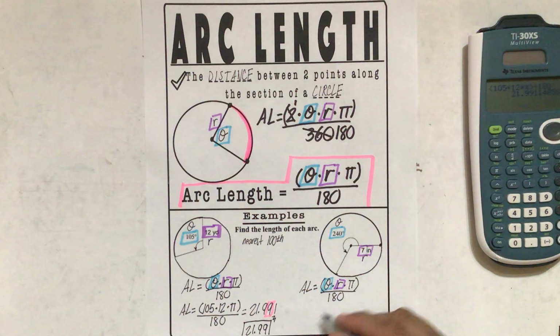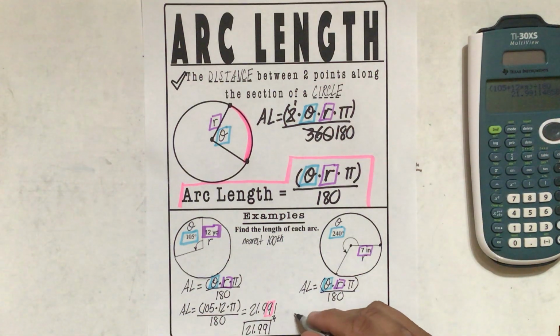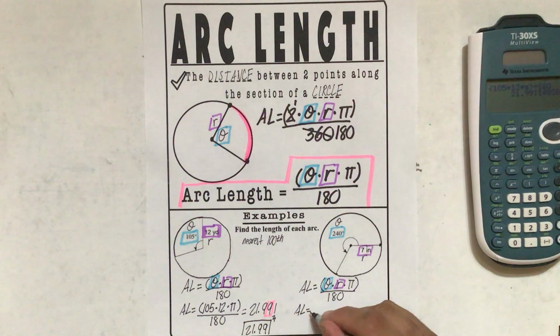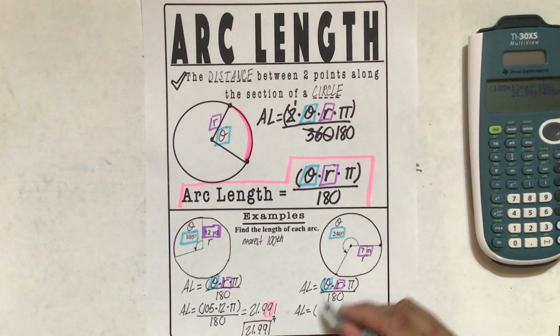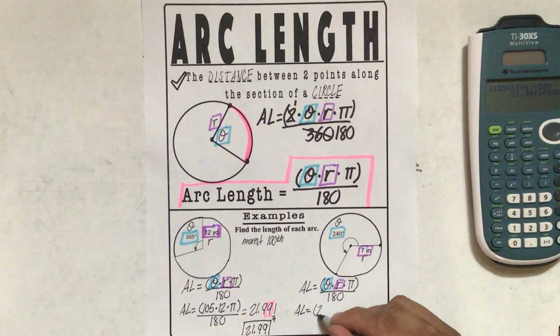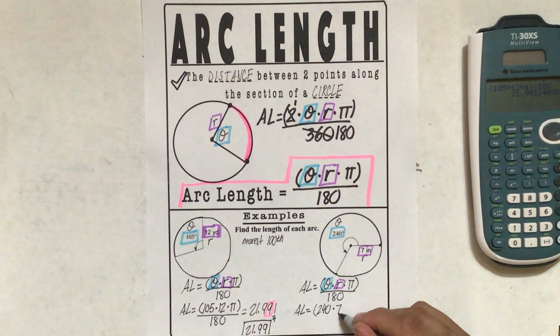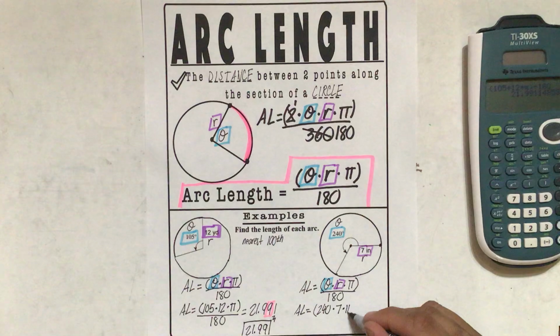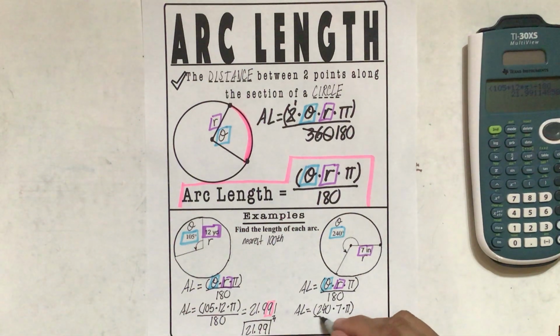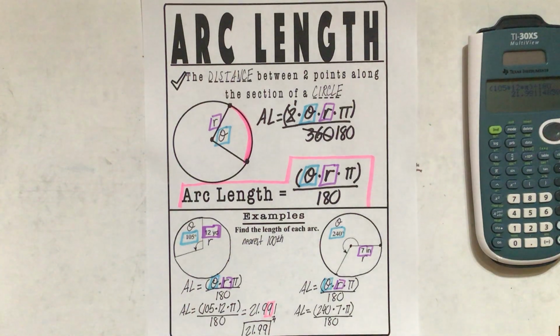So I'm going to simply substitute. AL is equal to parentheses, my theta is 240, times my r, which is 7, times pi, and the whole thing divided by 180.